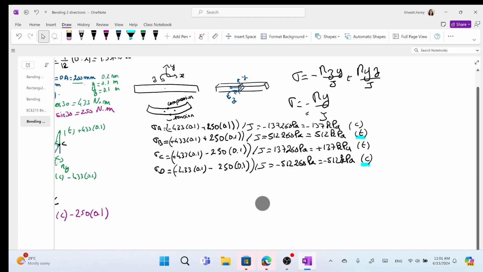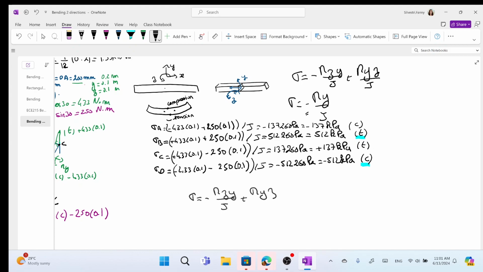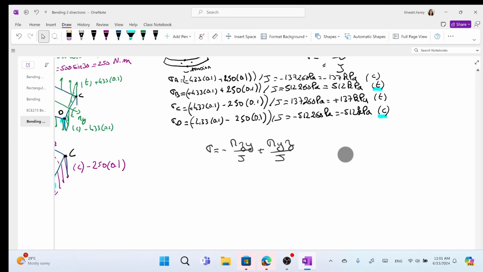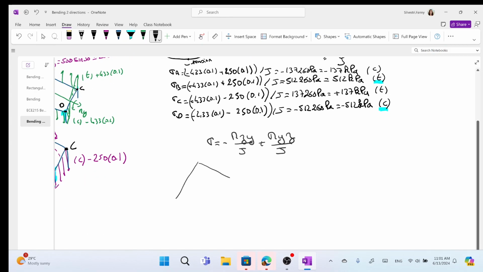So now let me explain those minus. So the formula in the textbook or whatever is minus Mz y divided by J plus My z divided by J. So what's happened is we have the My positive and the z, and those fibers there are in tension.